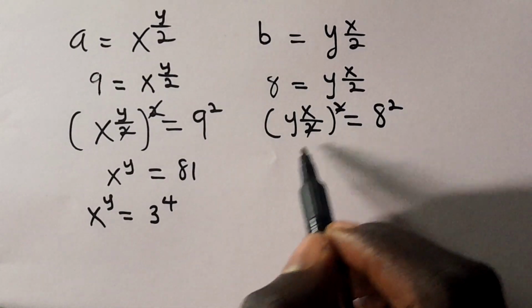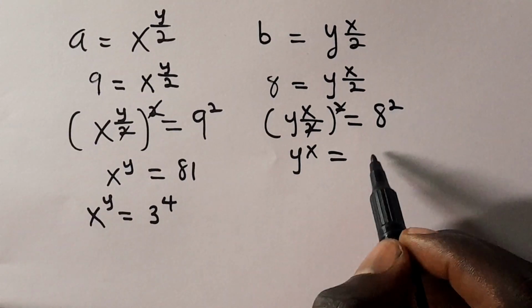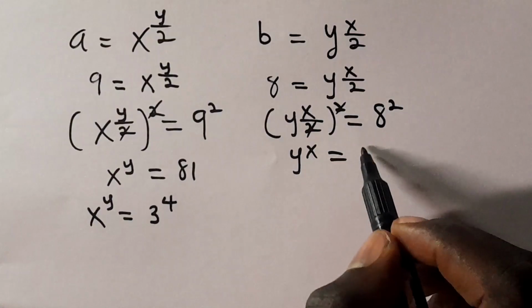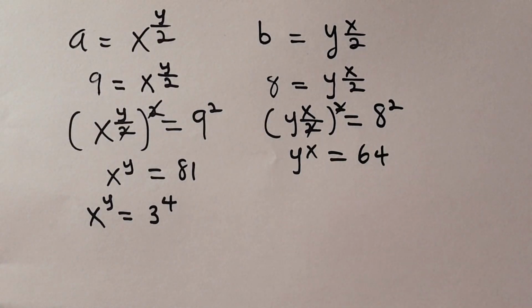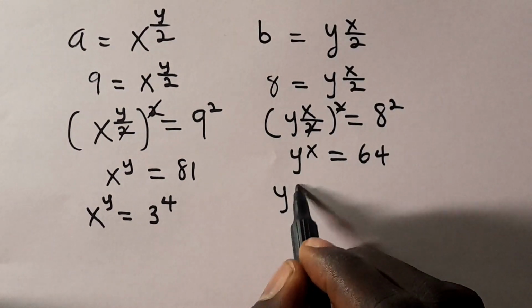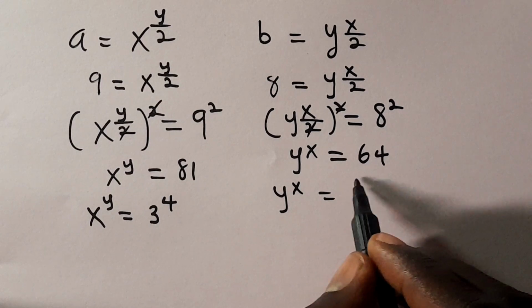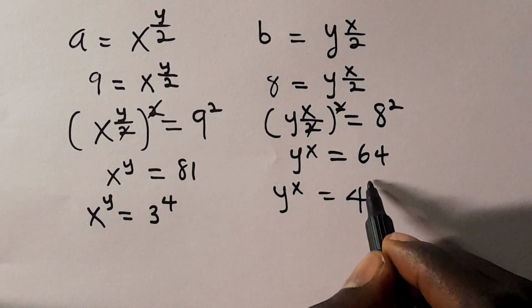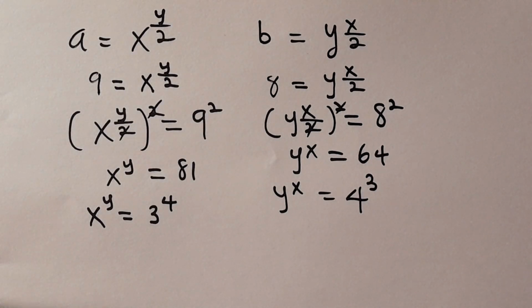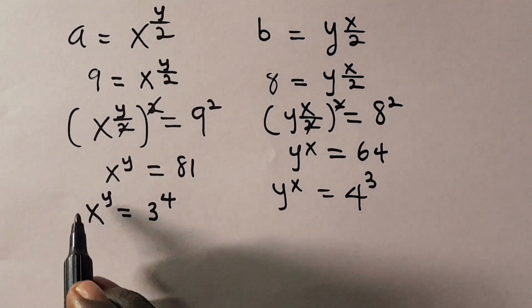This will cancel this out. Then we are going to have our y raised to power x to be equals 8 raised to power 2 will be equals 64. And we believe that y raised to power x equals 64 can be simplified to be equals 4 raised to power 3.